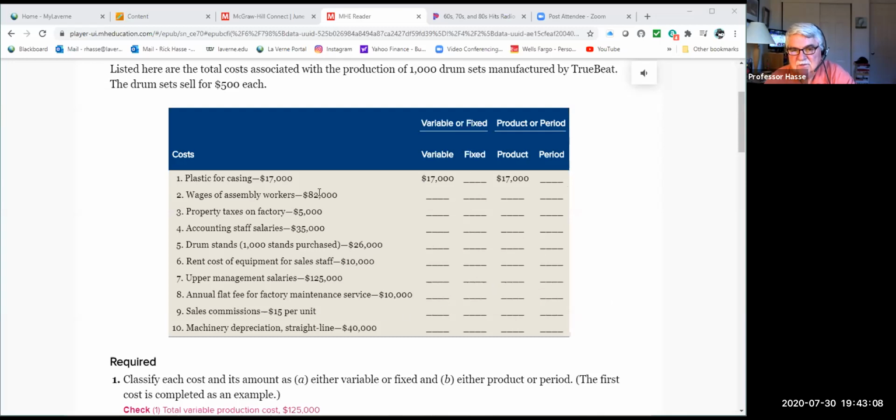You're going to see a question like this on your examination. Always think about them a little bit, just like what Jessica just did. Machinery depreciation straight line means it's going to be the same amount all the time. Fixed, and it's machinery. That means the machinery is producing the drums. It's a product cost. Excellent. Well done.